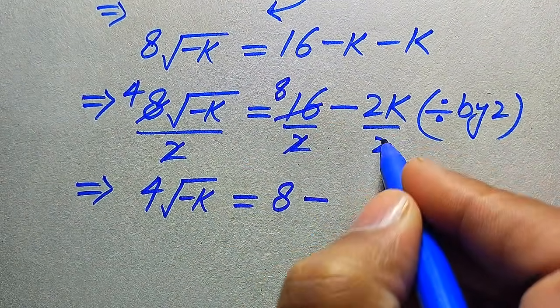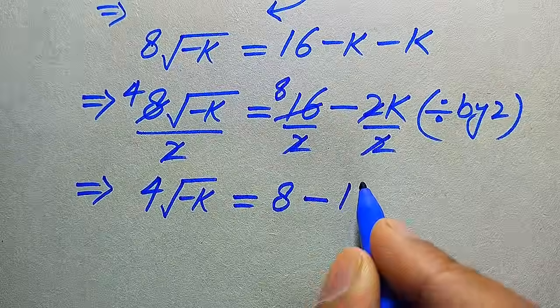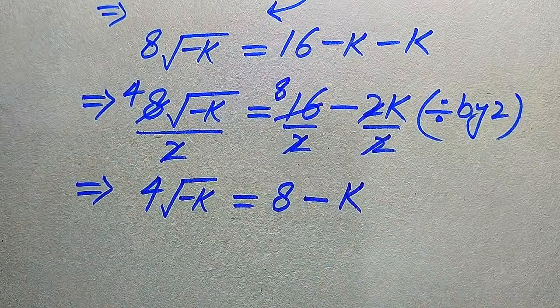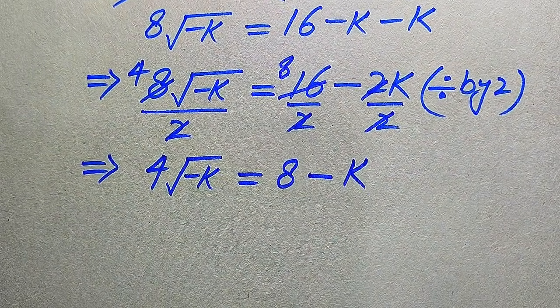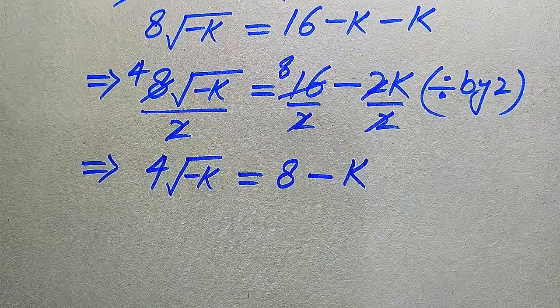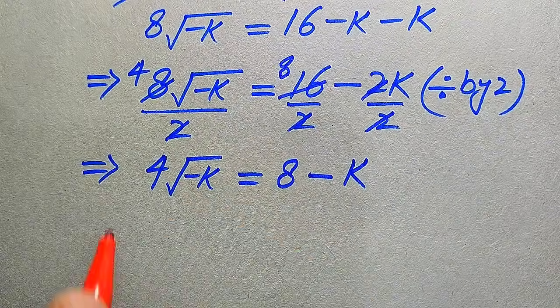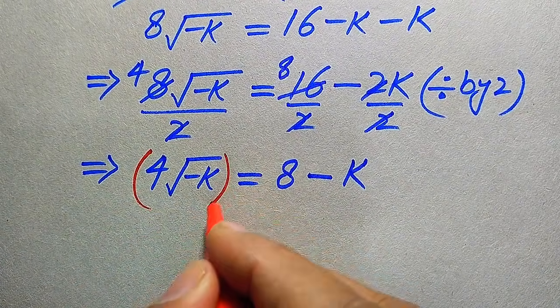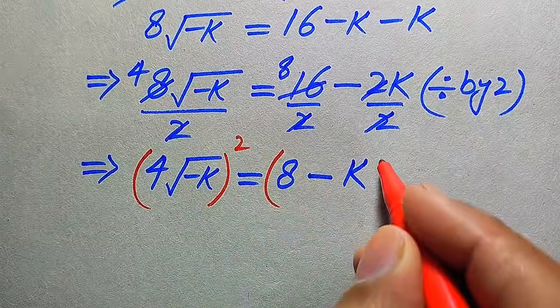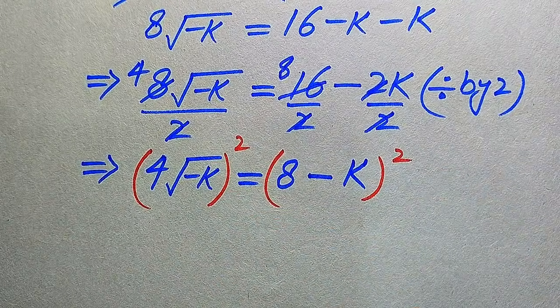We get 8 minus, this 2 and this 2 are cancelled out by each other, and we get k only. And now you see that our square root term is on the left hand side, and now we again take squaring on both of the sides in order to remove this square root sign.